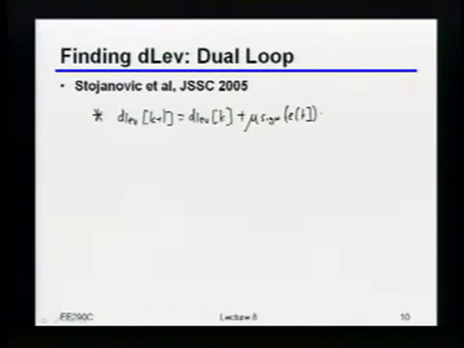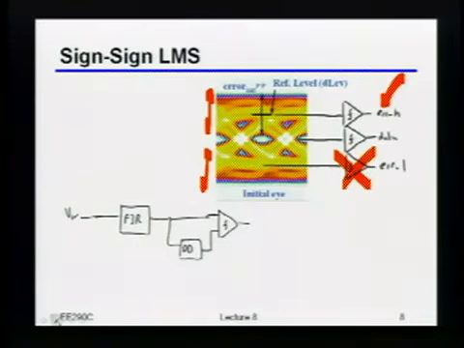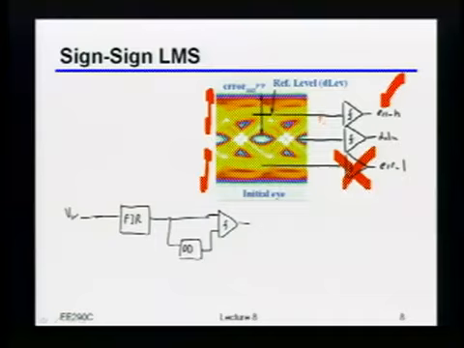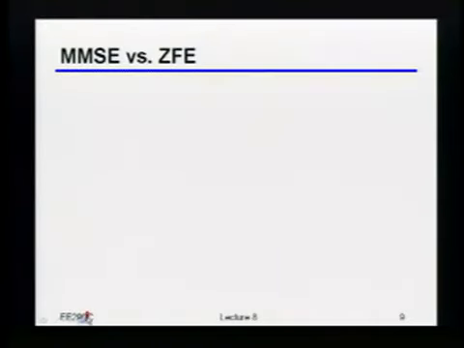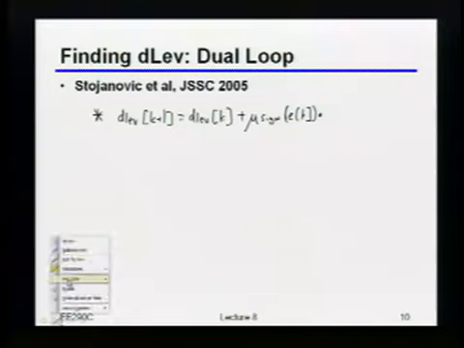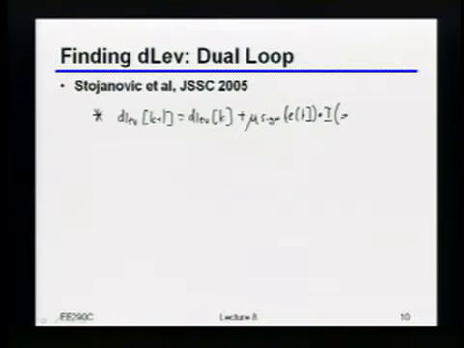Now, there's just one caveat: remember, my error updates are only valid when I actually received a 1. So to really make this work, you only make this update whenever the input data bit was actually a 1.